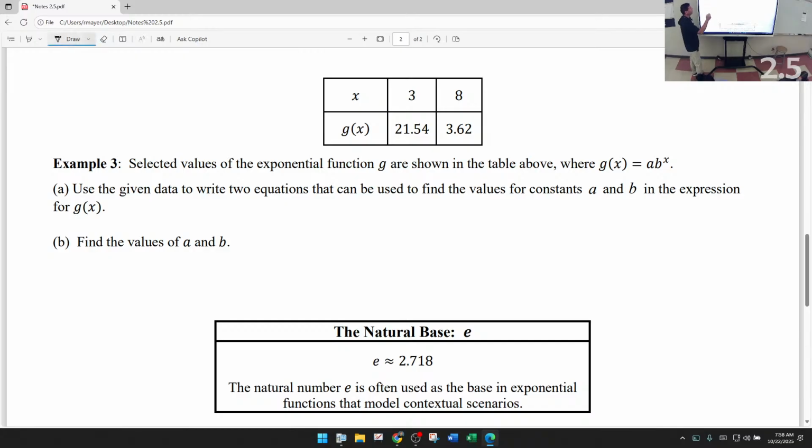So that's where you've got to start plugging and chugging. This isn't too bad. Let's see. Make sure I use g of x. I want to use 8 equals a times b to the third.